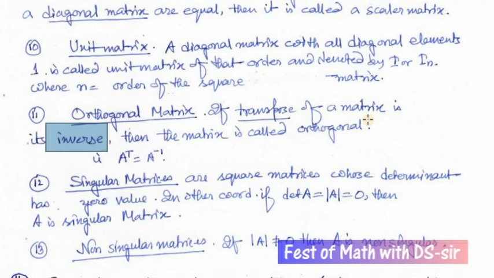When we learn how to multiply two matrices, then you can multiply A and A transpose, and if you find that the product of A and A transpose is I, then A transpose is the inverse of A. Now see, orthogonal matrix, this word is valid for square matrices only, because only square matrices have inverse. No rectangular matrix has an inverse.